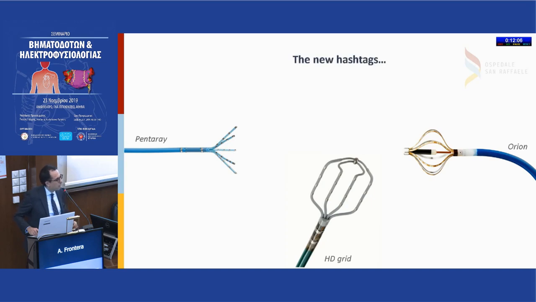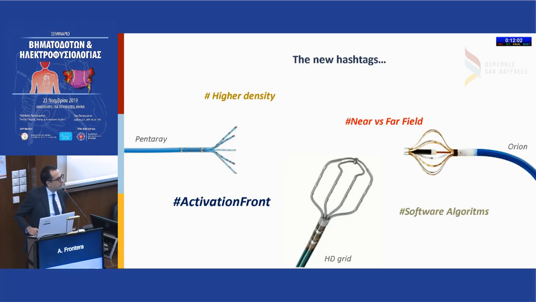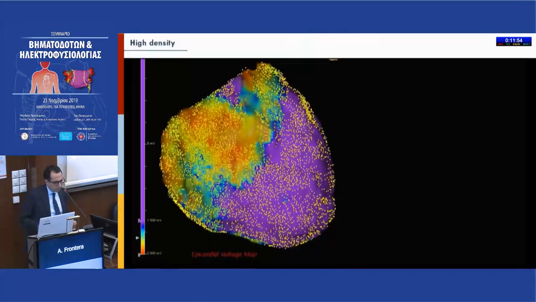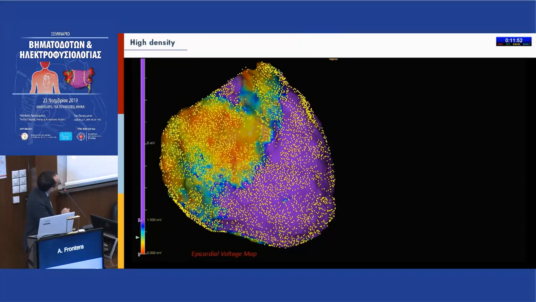And these are the new hashtags for people that love Twitter. So high density, the capability to distinguish near field versus far field, and then the activation wavefront as well, the software algorithms. So you see, these are the substrate maps we are now able to create in our labs.